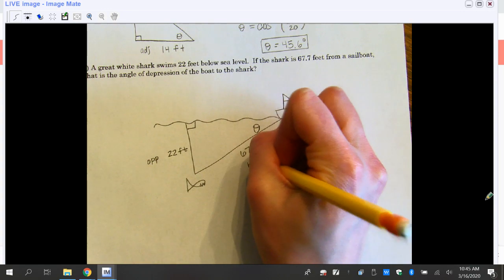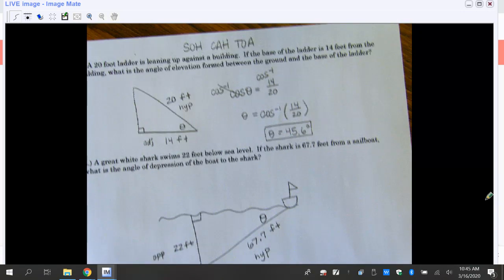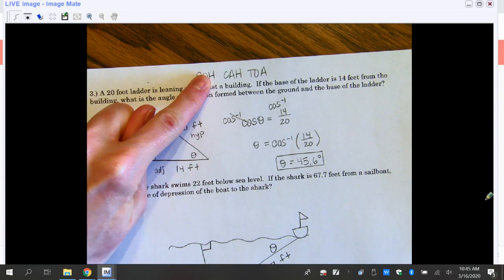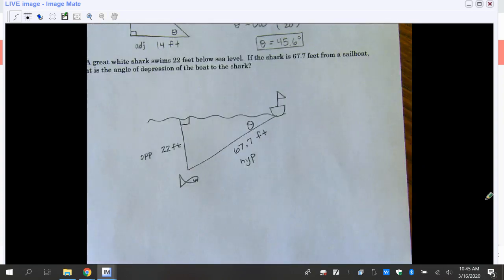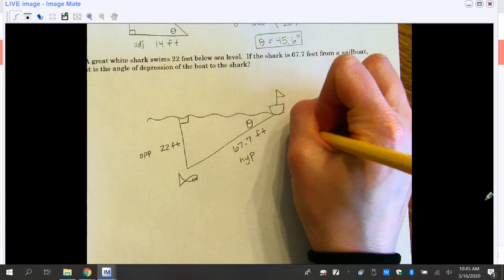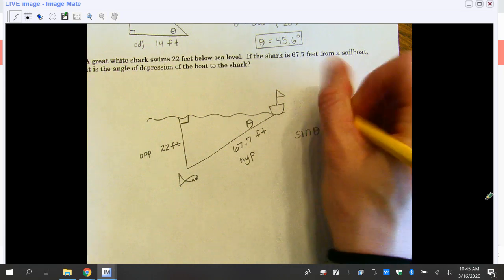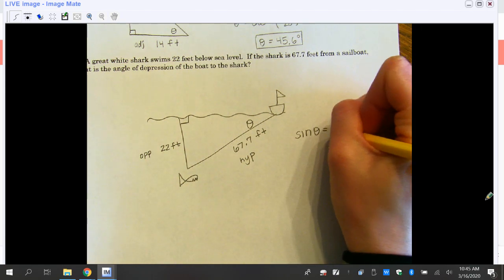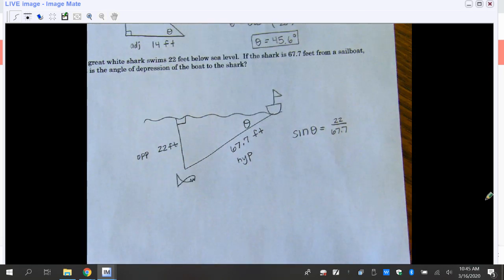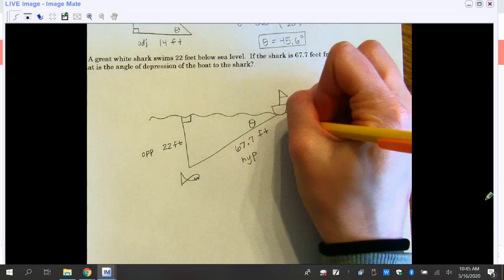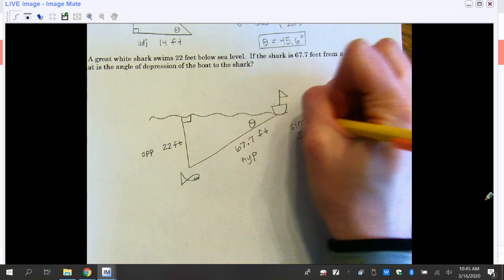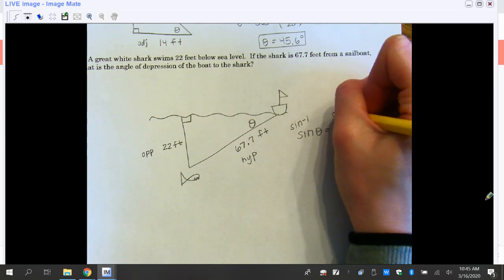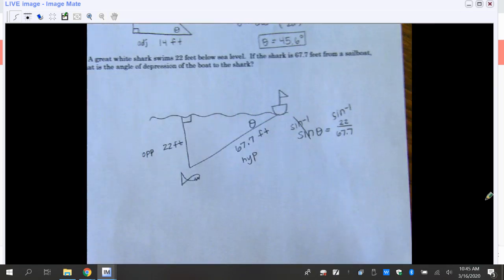So I go back up here. My first one is sine, opposite over hypotenuse. So the sine of theta is going to be 22 over 67.7. I need to break that apart. I need to solve for theta. So I'm going to need to take the inverse sine of both sides.